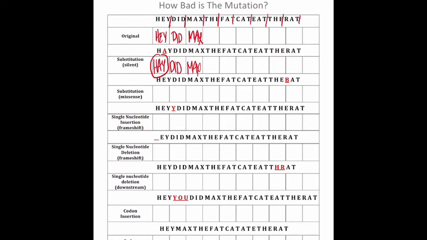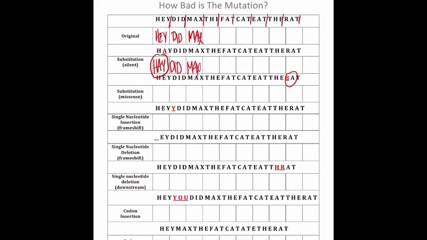Just like if we made the same amino acid, but we changed the bases that did so, okay? Now, a missense mutation: hey, did Max the fat cat eat the bat, okay? So it changed it. The protein is not the same, the sentence is not the same, but it's pretty close, right? That protein's going to work, maybe not quite as well, but it'll do something, okay?